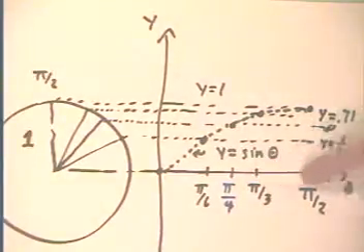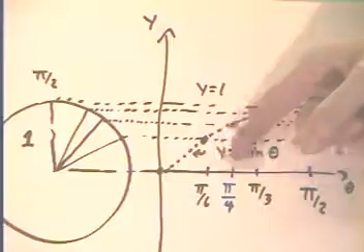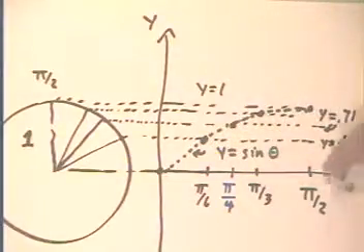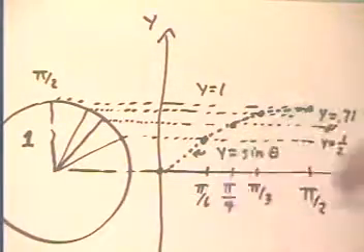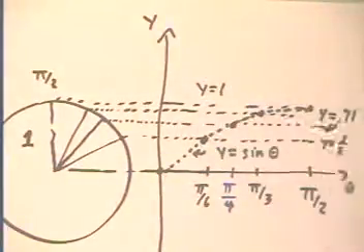I think this one maybe has been exaggerated a little bit in my drawing. But you should understand why these three, we're just counting by pi over 6. This is pi over 6, 2 pi over 6, 3 pi over 6 essentially. And they have to be equally spaced. Of course, pi over 4 is halfway between 0 and pi over 2.